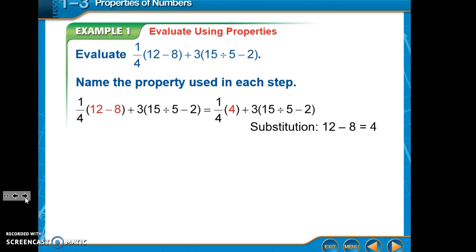In that 15 divided by 5 minus 2, order of operations says we need to divide the 15 and 5. And 15 divided by 5 is 3. So we can use substitution to substitute 3 in for the 15 divided by 5, since they're equal.